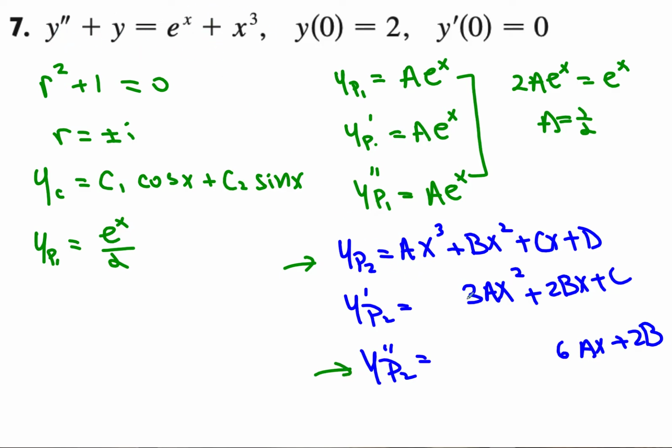So when I add up those two, a x cubed has to be equal to x cubed. That tells me that a has to be equal to 1. And then obviously b x squared plus nothing has to be equal to 0, so you get to realize that b must be equal to 0.